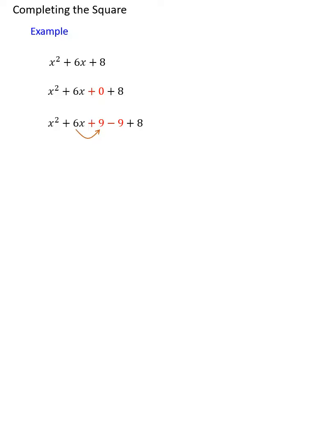The relationship that you see here is governed by the 6x. The 6x is called the linear term, and the 6 is called the linear coefficient. And in choosing a replacement for your 0, here's a rule I recommend following.